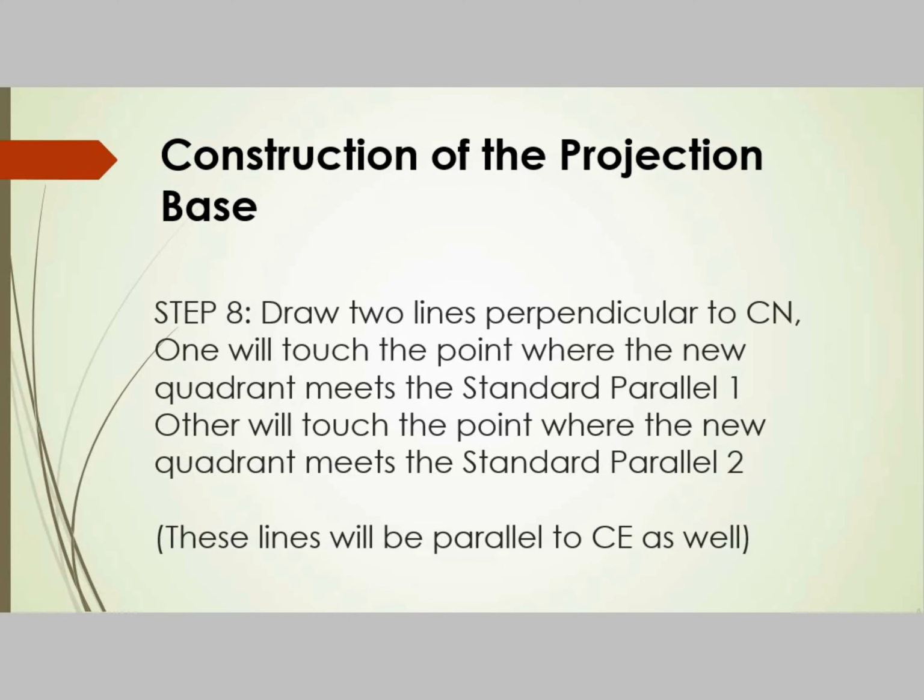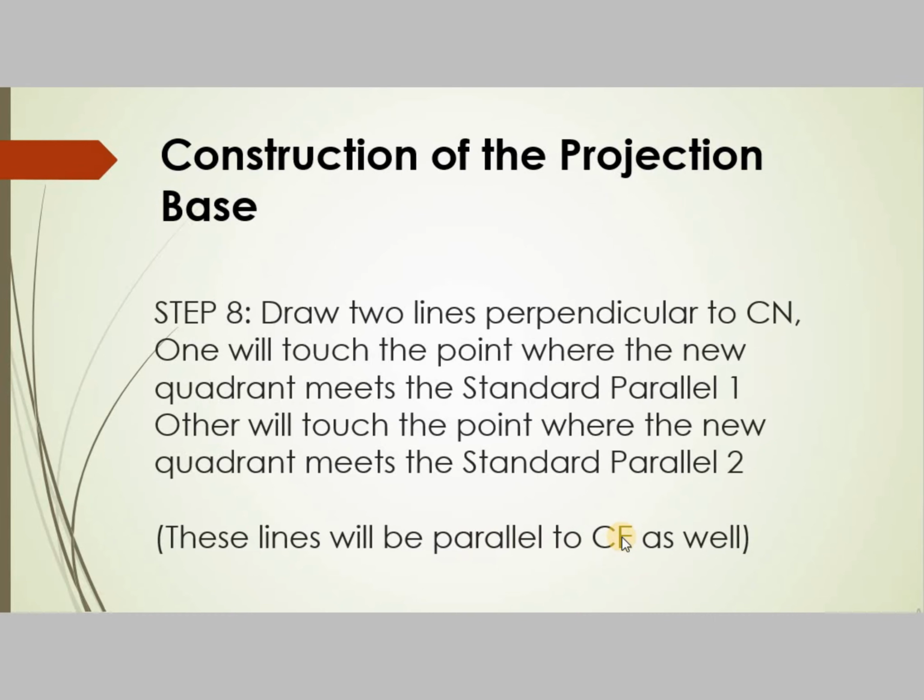Next step is to draw two lines perpendicular to the CN line, the vertical line, the pole line, and those two perpendiculars will touch the new smaller quadrant, one where it is touching standard parallel 1, and another point where it will be touching standard parallel 2, and these two lines will be parallel to the line CE, the horizontal equator line.